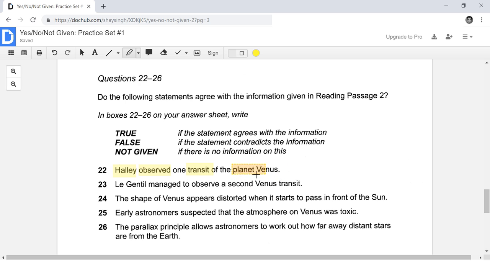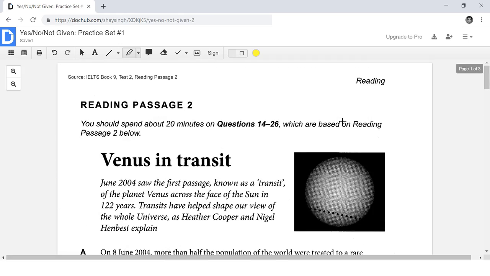Now, I got a question for you right here. Do you think that this keyword is going to be useful for us? The keyword Venus, do you think that's going to be helpful for us? I'm guessing not. The reason is that this entire reading passage is about Venus in transit. So the whole article is about Venus, therefore the word Venus is going to be repetitive.